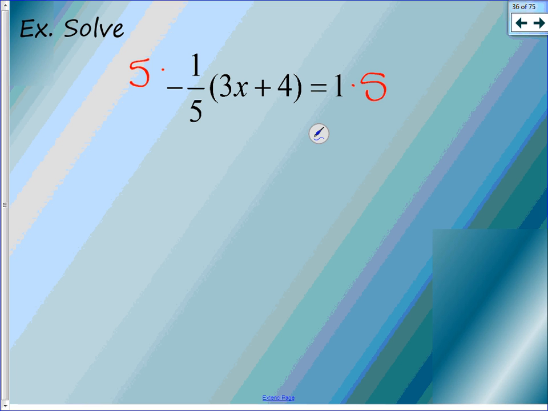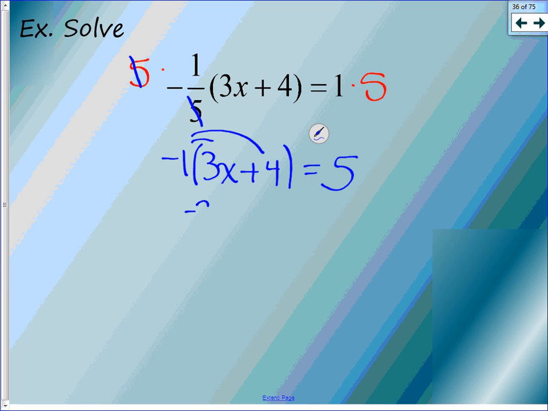Okay, so I'm going to do the same thing on both sides. It's legal. You just can't do one thing to one side and a different thing to the other side. If you multiply both sides by 5, these 5s cancel out. So you've gotten rid of the fraction on the left side. And so we have -1, because the negative's still there, times 3x plus 4 equals 5. Now we can distribute the -1.